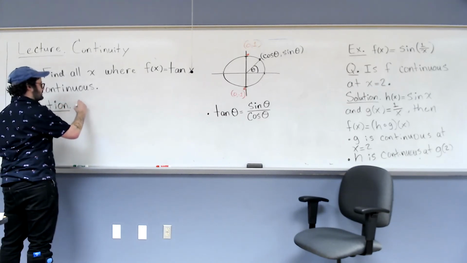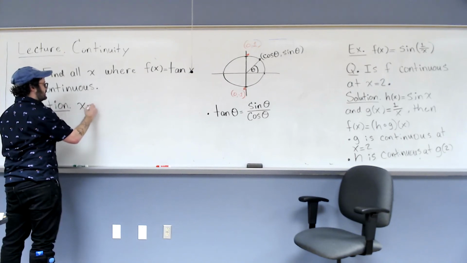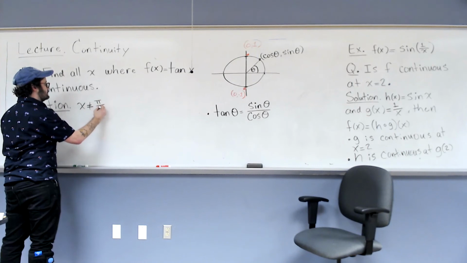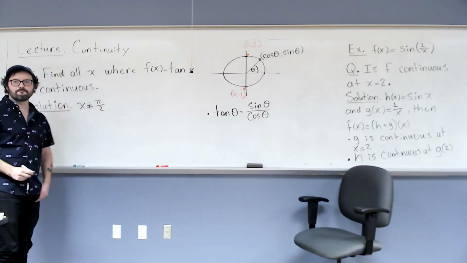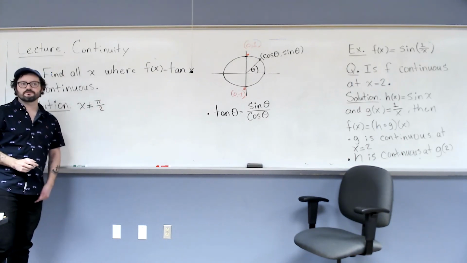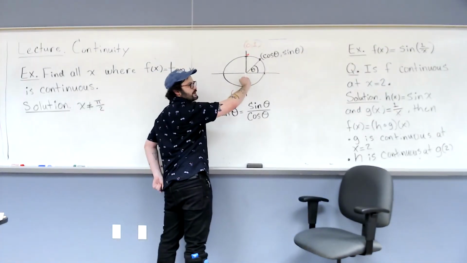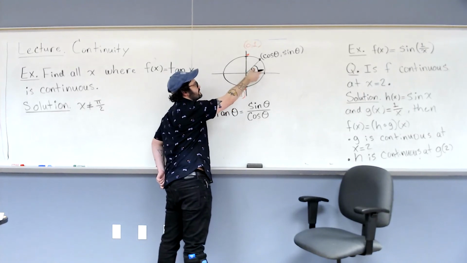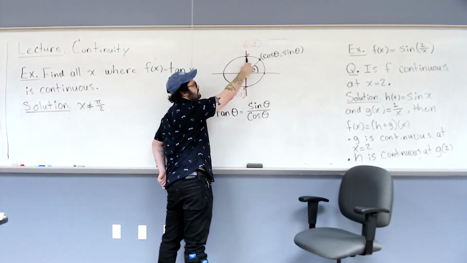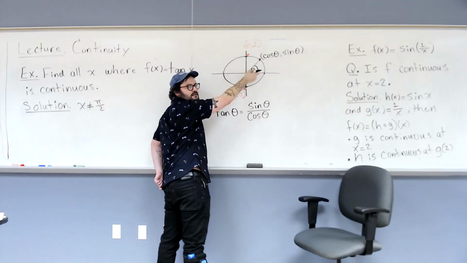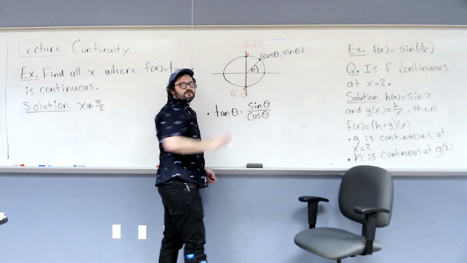So we see that x cannot equal pi over 2. Okay. So what about this angle all the way around there? Well, here's pi over 2, and then pi, and then we add pi over 2 again, we get what?